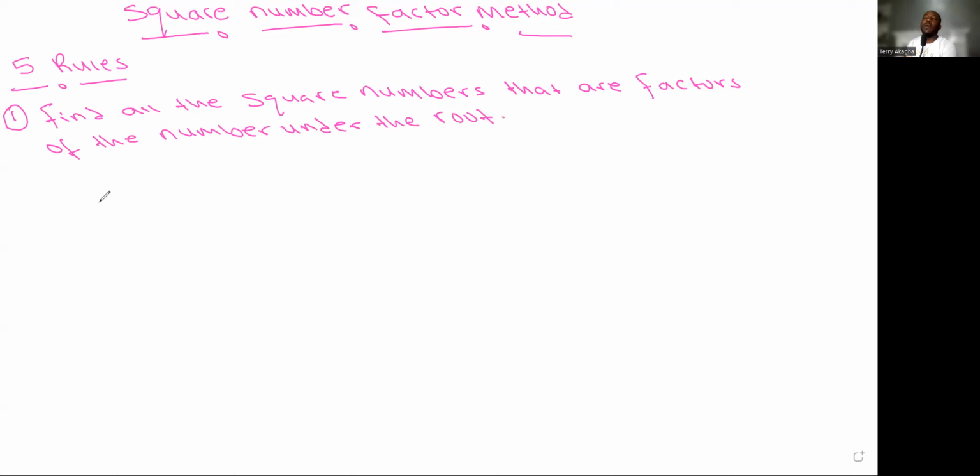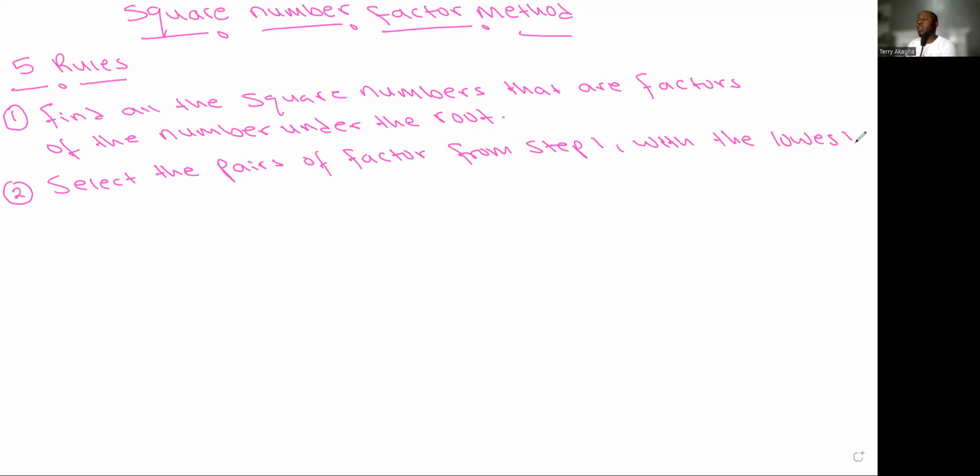Then, when you've found all the square numbers, the next thing you have to do is select the pairs of factors from step 1 with the lowest non-square numbers.